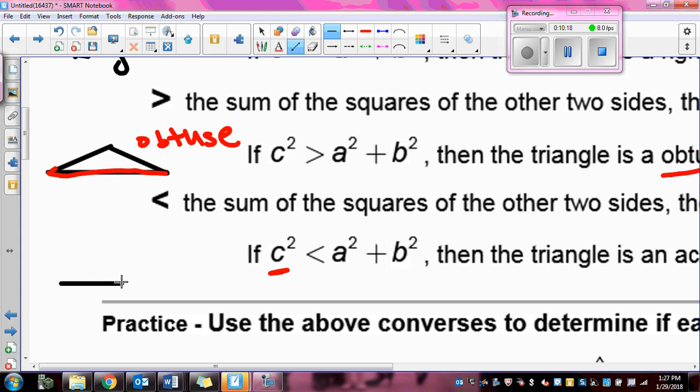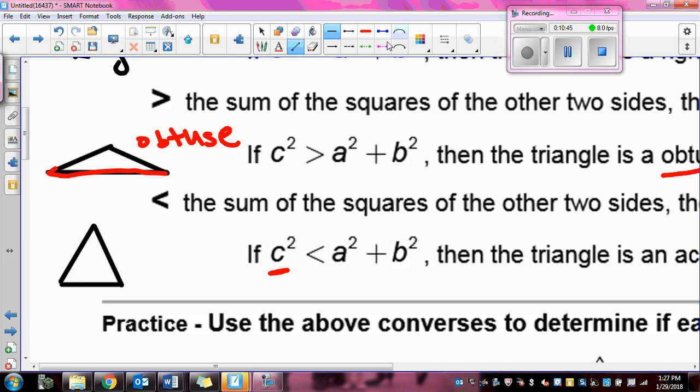Maybe I have something like this. Something like this is an acute triangle.